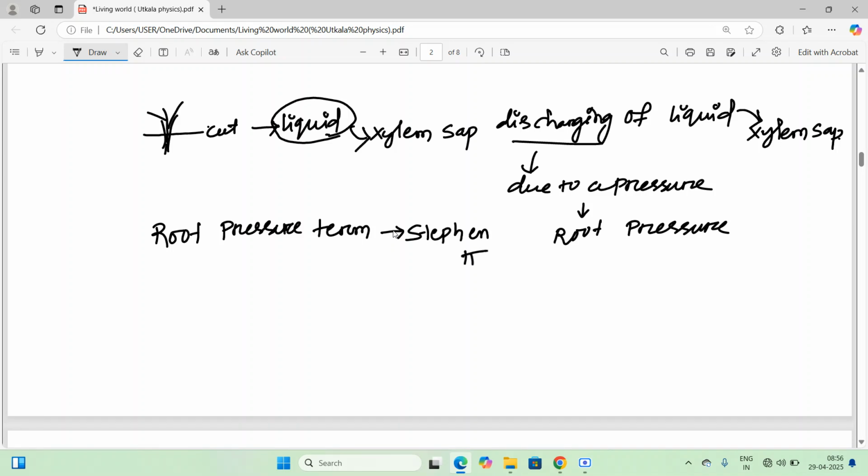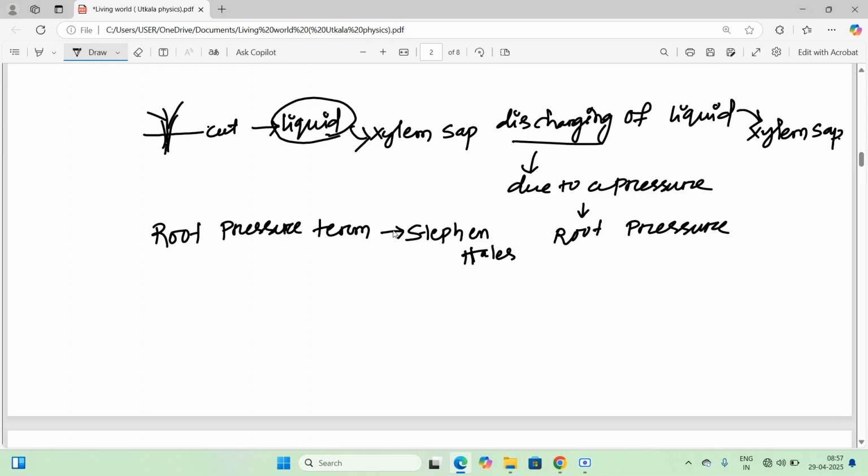This pressure is known as root pressure because the force that gives rise to the exudation originates in the root. The force originates in the root part only, so it is called root pressure.